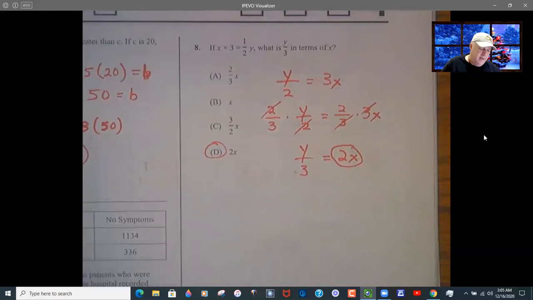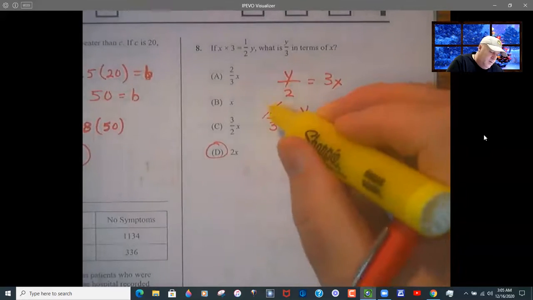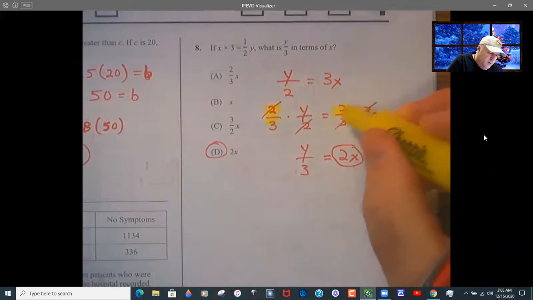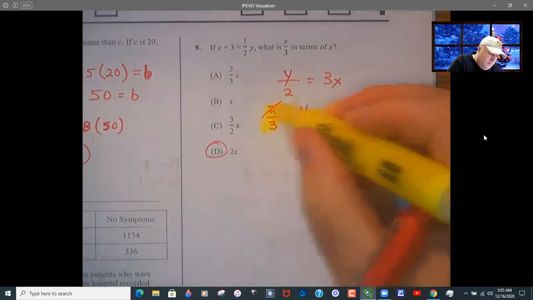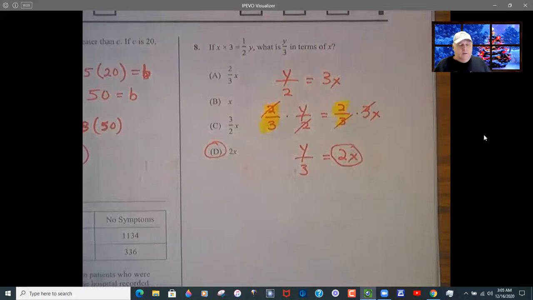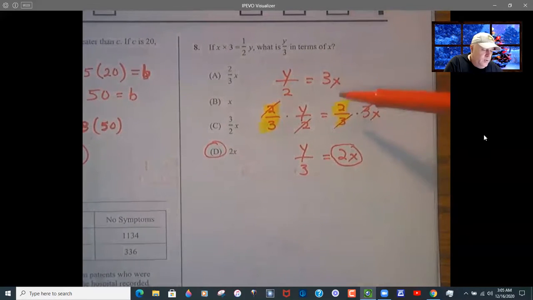So I multiplied both sides by 2/3, and that created the y over 3. The original problem, y over 2 is 3x. We need to create a y over 3. How is that done? By multiplying by 2/3. And so 2x is that.